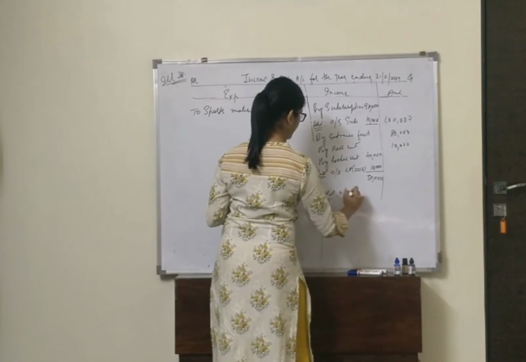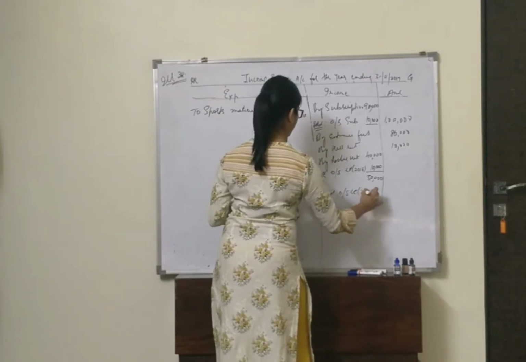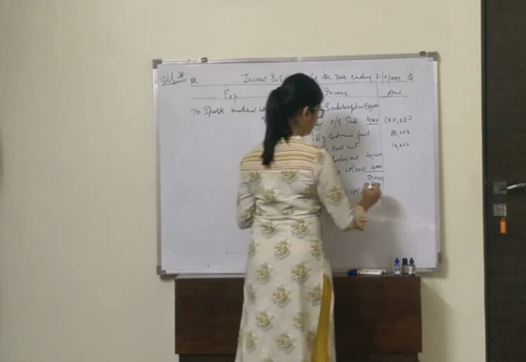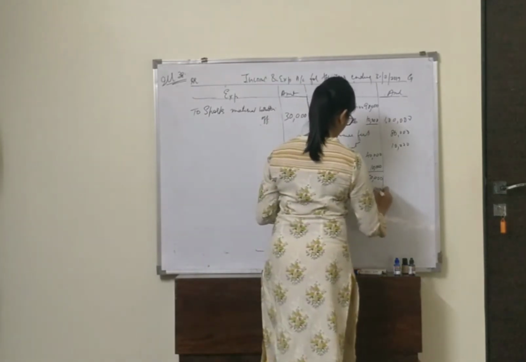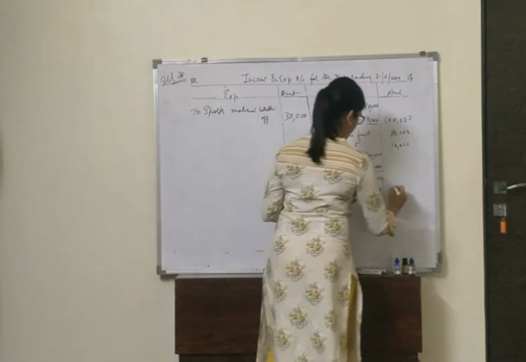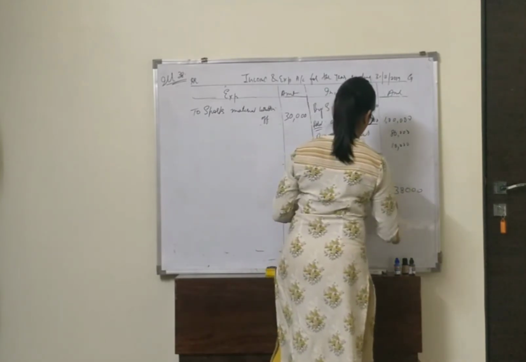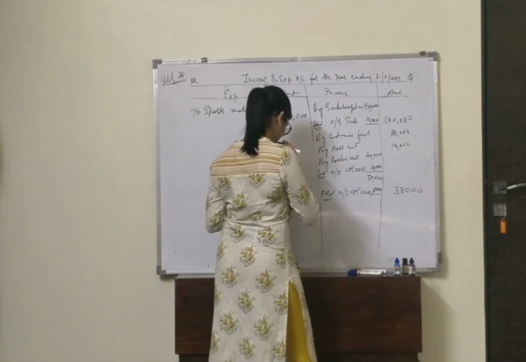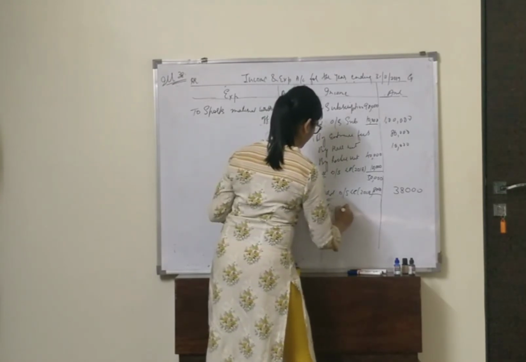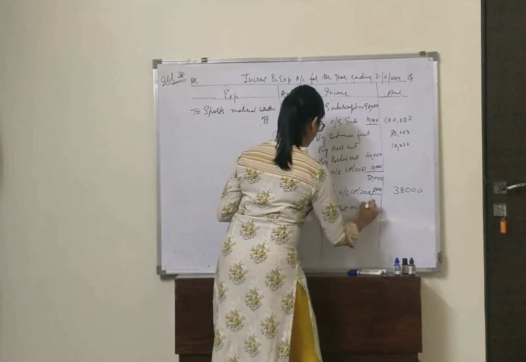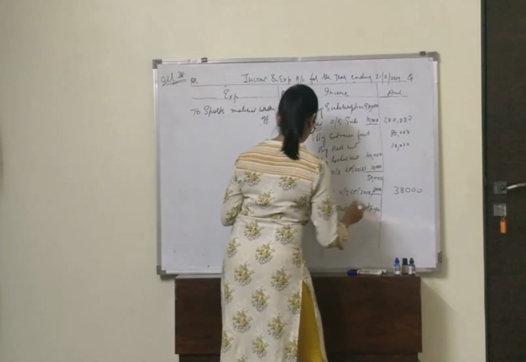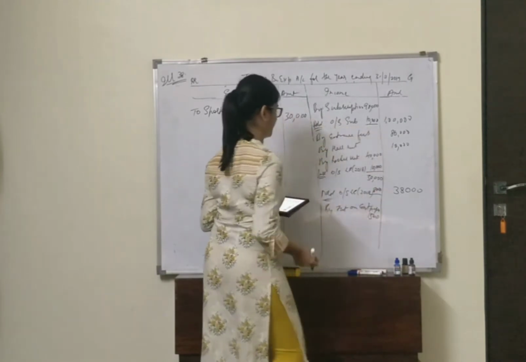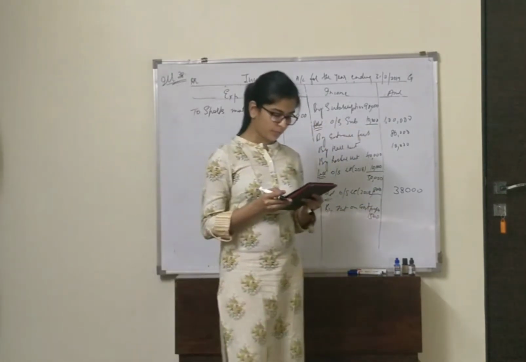Add outstanding locker rent of 2019. Adjustment point number 2. It is 8,000. So our total locker rent is 38,000. Then we have by interest on government papers. How much have they given us? 1,500. But what is the total interest amount?